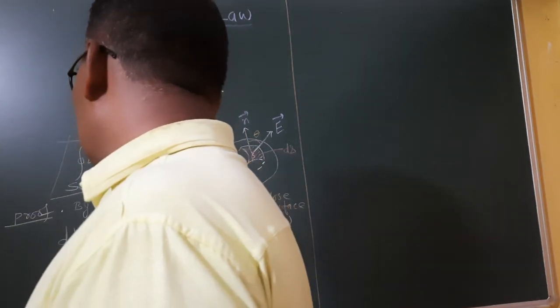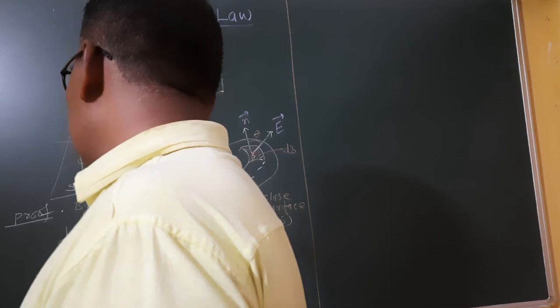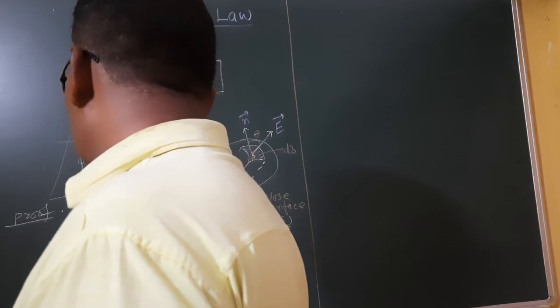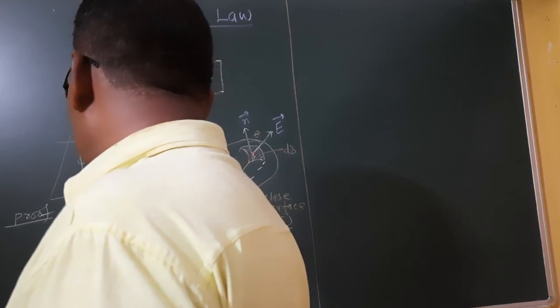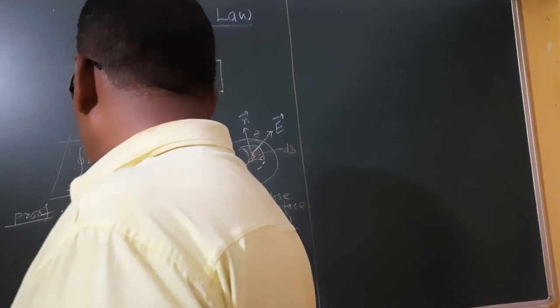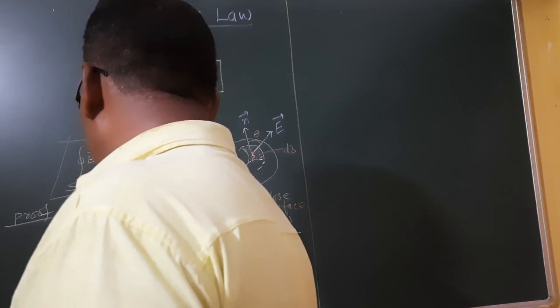But the electric field intensity E is equal to 1 upon 4 pi epsilon naught into Q by R square.